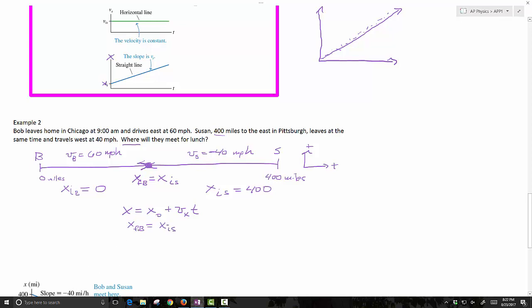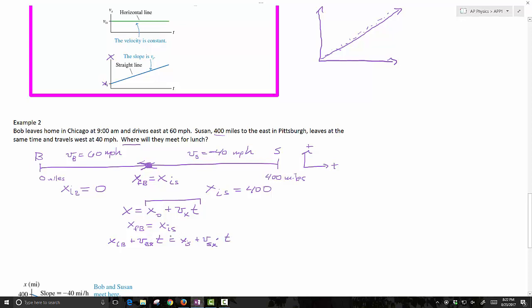Down here I'll show you graphically. And substituting this part right here in, we get Bob's initial position plus Bob's velocity times the time is equal to Susan's stuff. So her initial position plus her velocity times time.